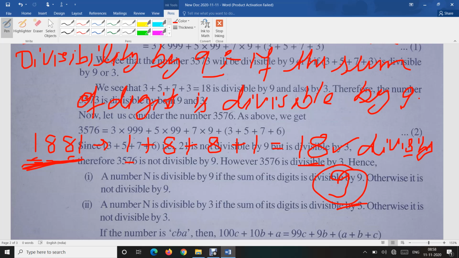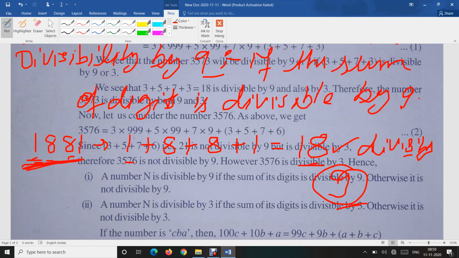A number is divisible by 5 if the number has either 0 or 5 in its unit place. Now the next is divisibility by 10. A number is divisible by 10 if the number has 0 in the ones place.